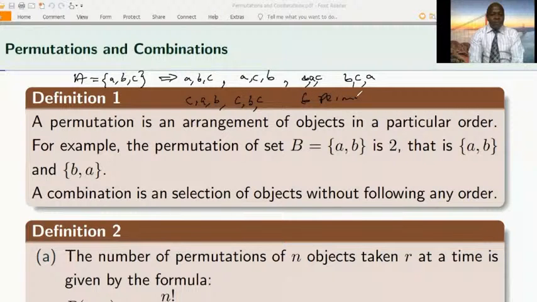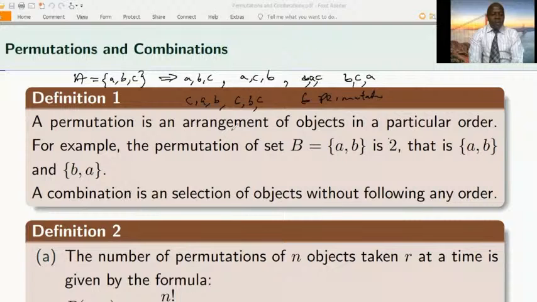You can see we have followed some order. There is this order here, A followed by B, and then C, and then we have this other order. So in permutations, order is very important. The order in which the elements are arranged is very important in permutation. But in combination, the order is not important.